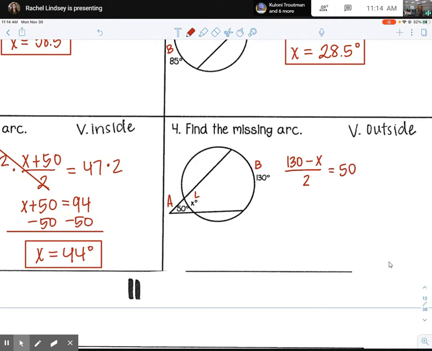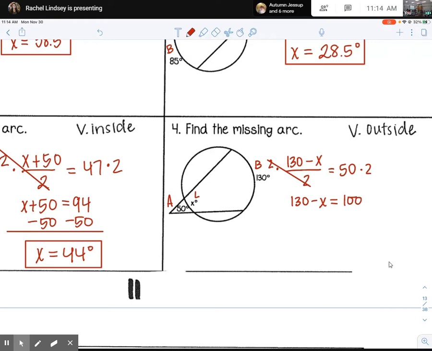So what do I need to do with that 2? Multiply it on both sides. So 130 minus x. What's 50 times 2? 100. And then what do I need to do with that 130?